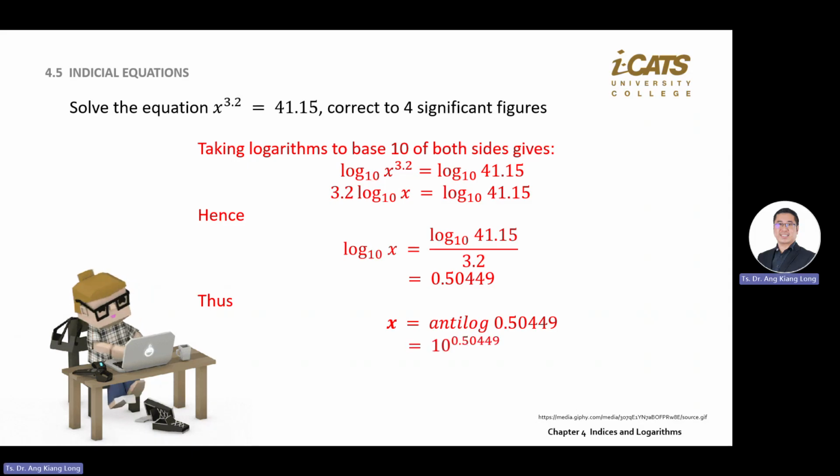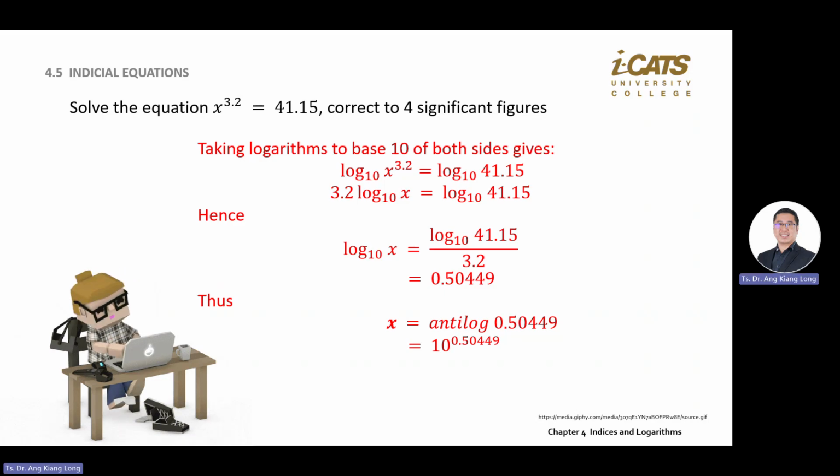Okay. Or you can write in index form. 10 power something, just convert log 10x into index form. Okay. So this is what you learn in your indexes section. Just remember the base. 10 is power something.